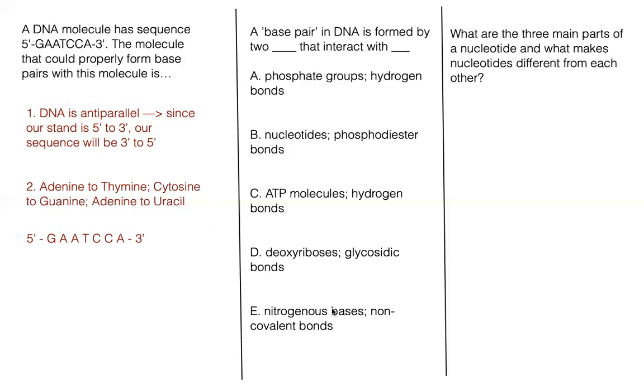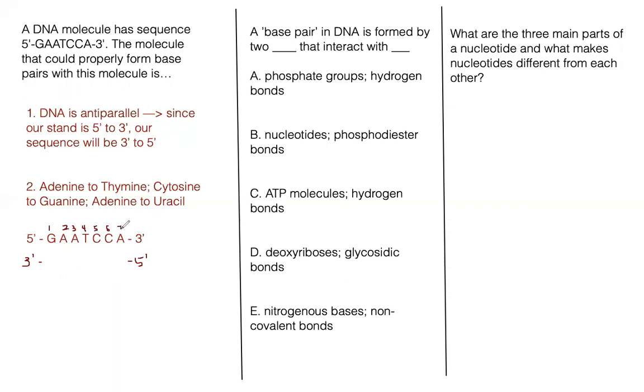First of all, we should label one side as 3' and the other side as 5'. That way we know we're in an anti-parallel state. Now we look at the different base pairs, and I'm going to number these so we have the same idea if I need to refer to specific bases.